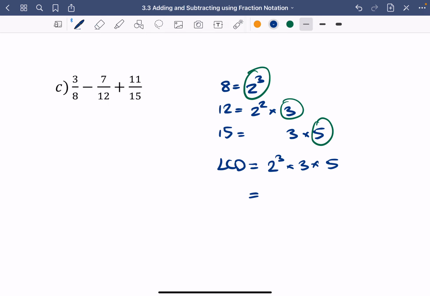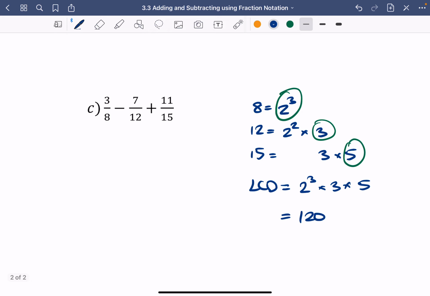which is 8 times by 3 times by 5. So 24 times 5 is 120. And so we'll need to change all 3 fractions to over 120.